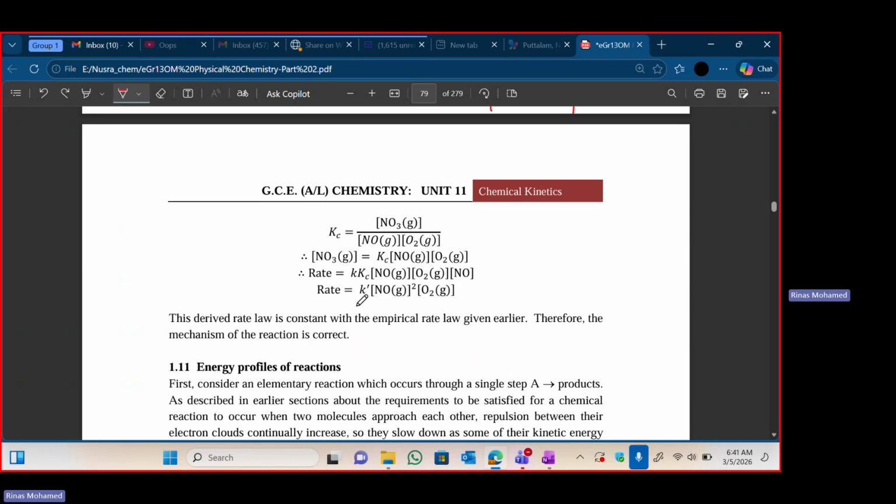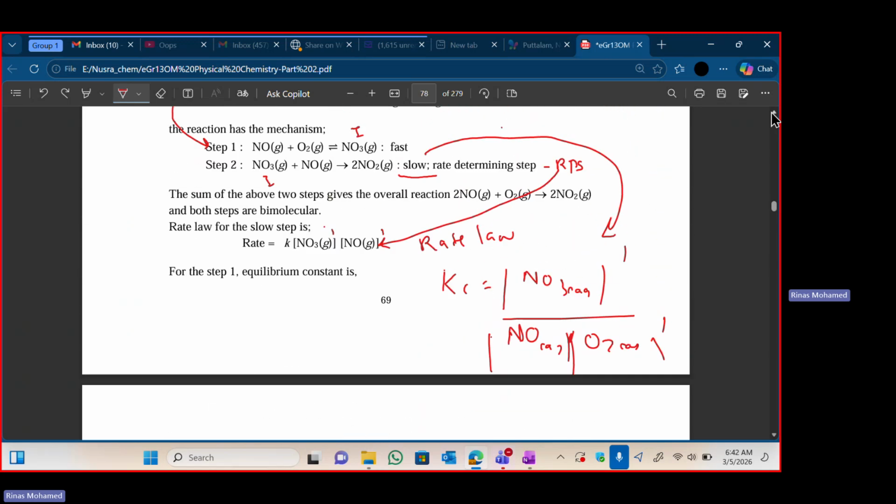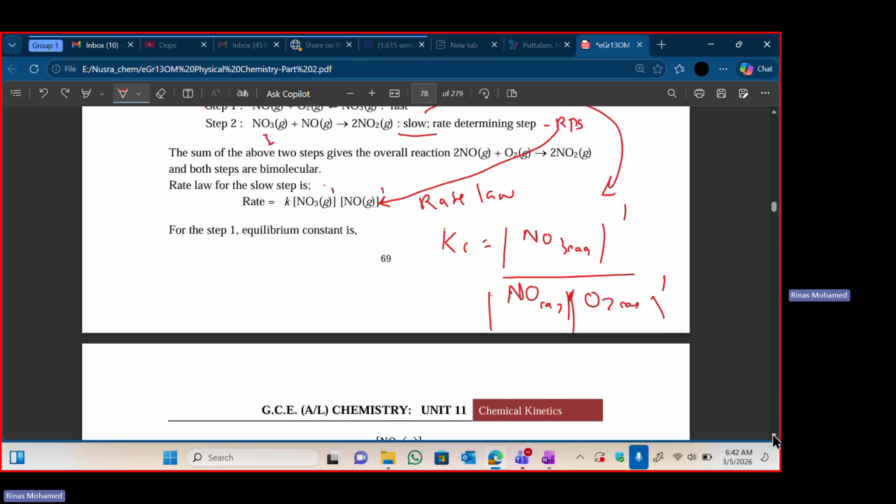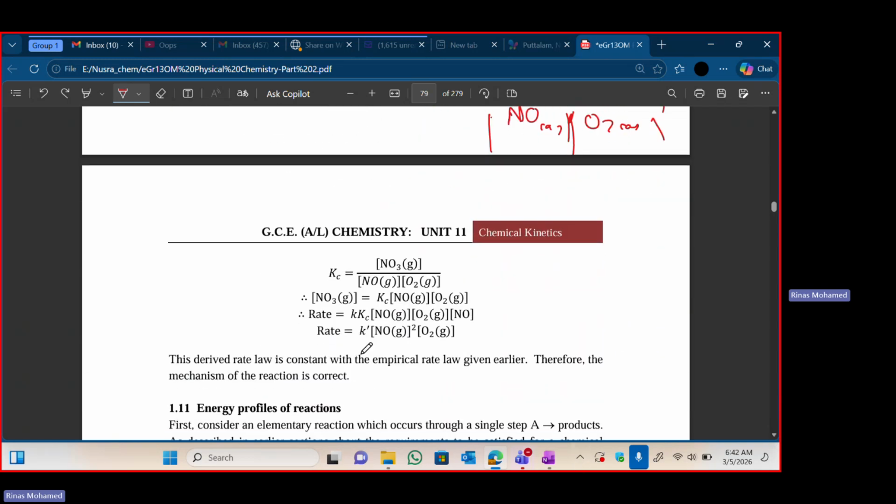There's no NO3, all K and Kc are there, so altogether they have put K dash, and in the overall reaction, in the mechanism, how many molecules are participating? 2 NO molecules and 1 O2 molecule are participating. So 2 to the power NO's concentration, 1 to the power O2's concentration.